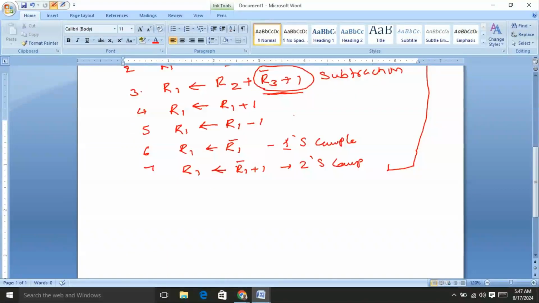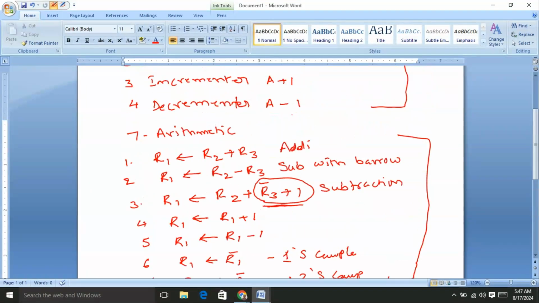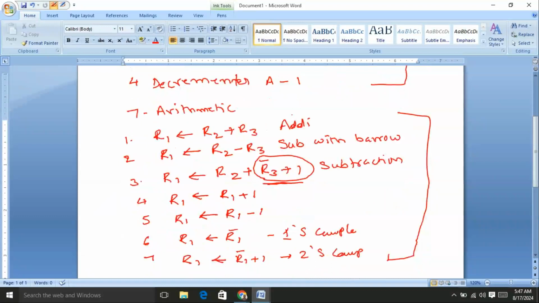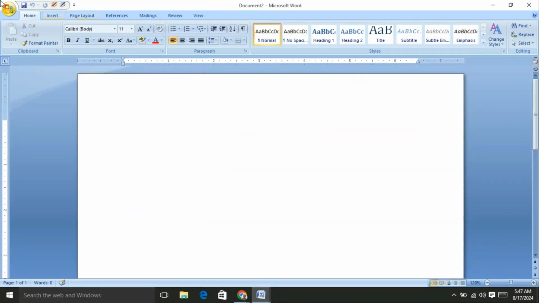Now we are going to design one 4-bit arithmetic circuit which is able to perform all 7 arithmetic operations, not only these, and also the data transfer operation. To do this, I am going to design the 4-bit arithmetic circuit with the help of full adders and multiplexers.